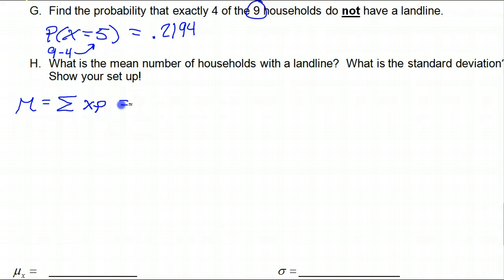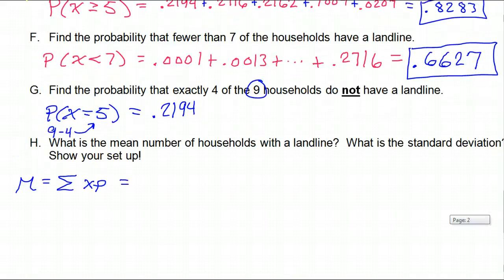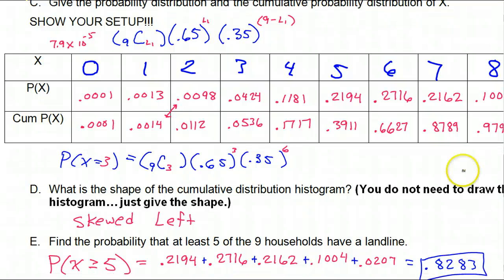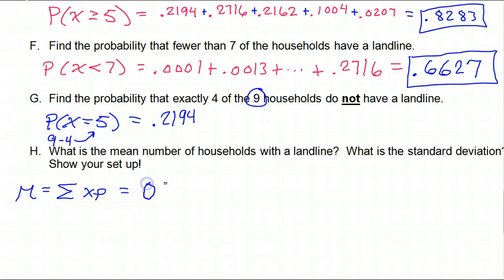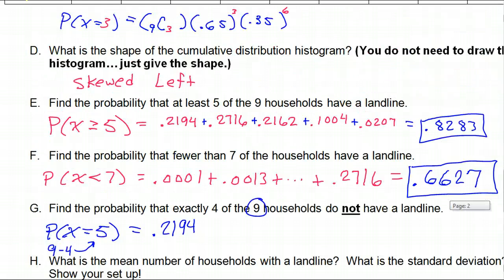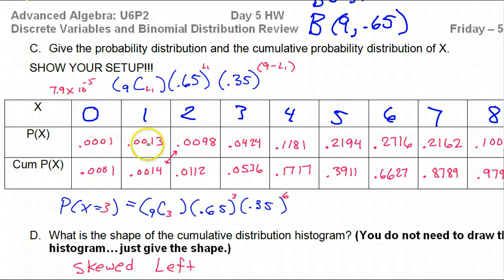So I'm talking about 0 times 0.0001. That's my x and my p. So that's my first xp. And then I'm going to do 1 times its probability, 1 times 0.0013.